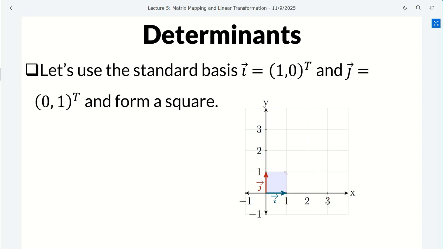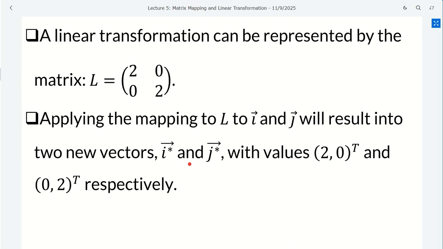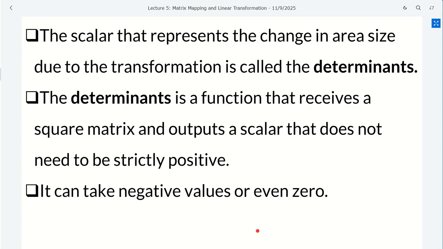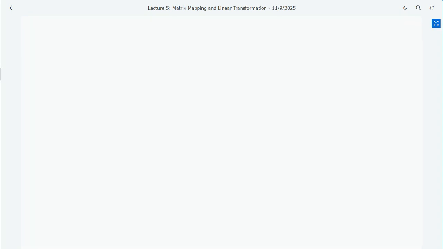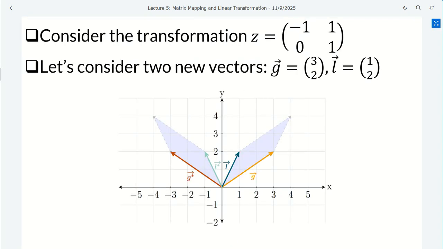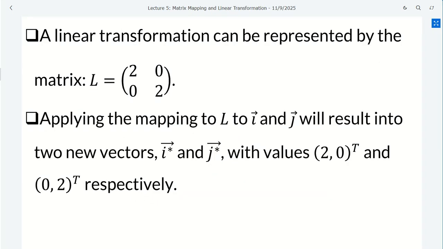So we have a standard basis, this and that, which I've drawn over here. Now, if I have a transformation and I act it on this basis, then I'll be able to have this. Sorry, I wanted to show you, but let's go back. Now, this is my transformation.